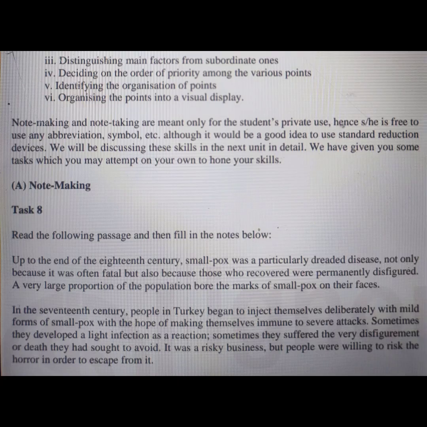In the 17th century, people in Turkey began to inject themselves deliberately with mild forms of smallpox with the hope of making themselves immune to severe attacks. Sometimes they developed a light infection as a reaction. Sometimes they suffered the very disfigurement or death they had sought to avoid. It was a risky business, but people were willing to risk the horror in order to escape from it.